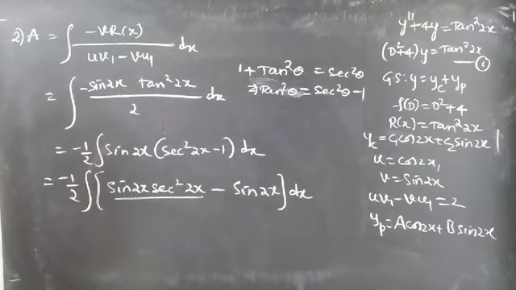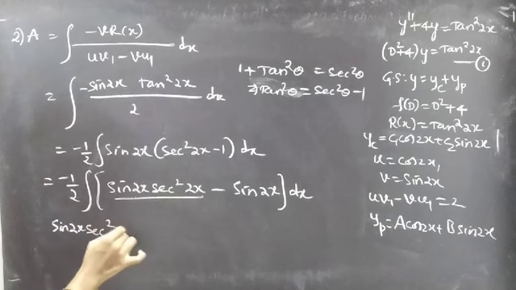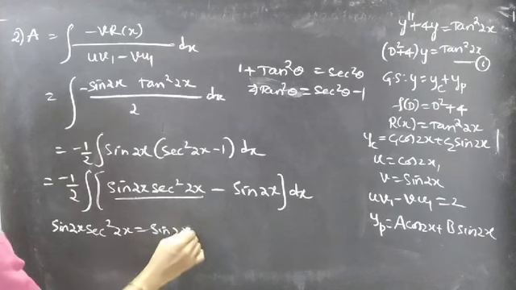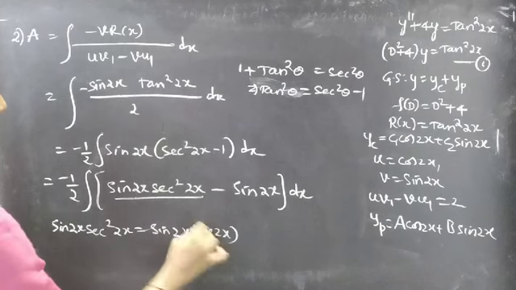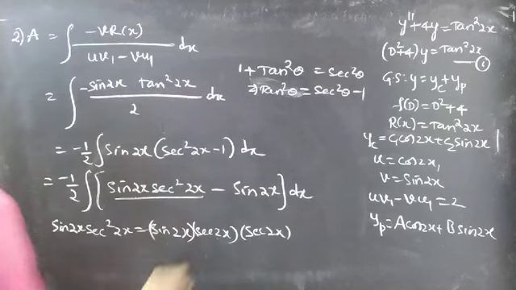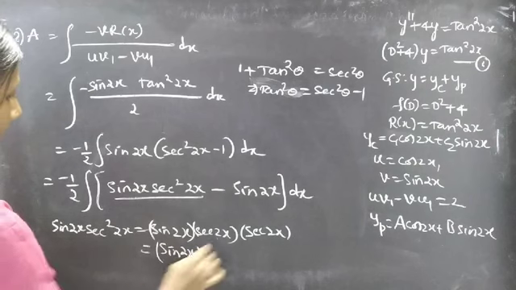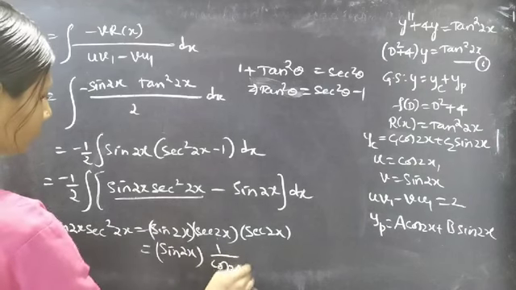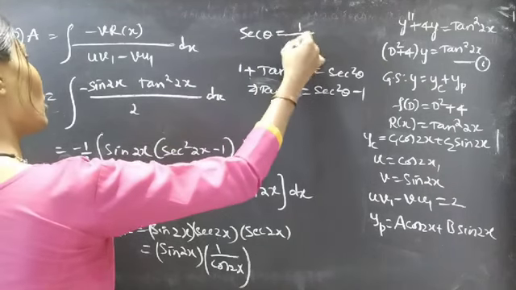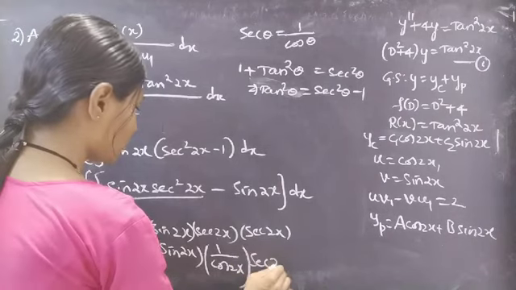Now consider sine 2x into secant square 2x. We can write secant square 2x as secant 2x into secant 2x. Let's replace one secant 2x with reciprocal of cos 2x, because secant theta is equals to reciprocal of cos theta, right, into secant 2x.